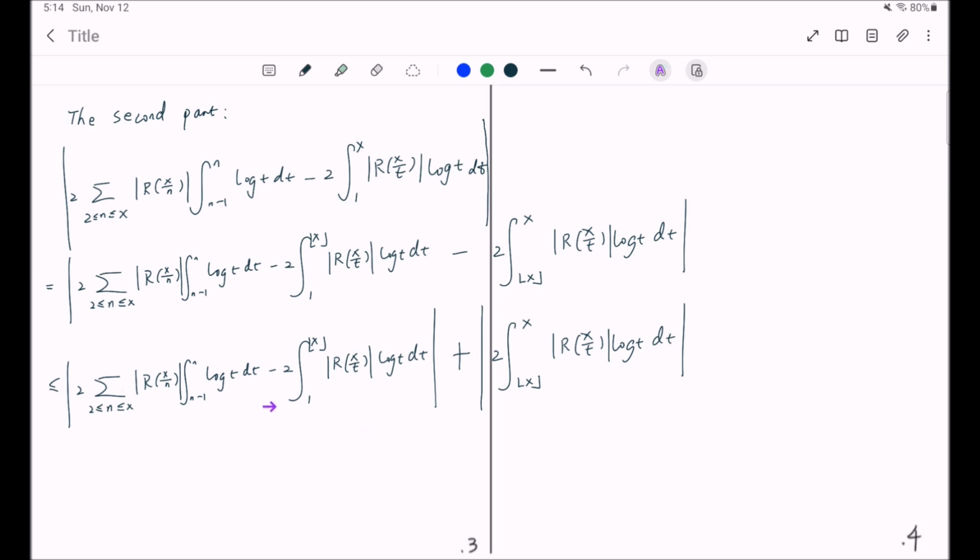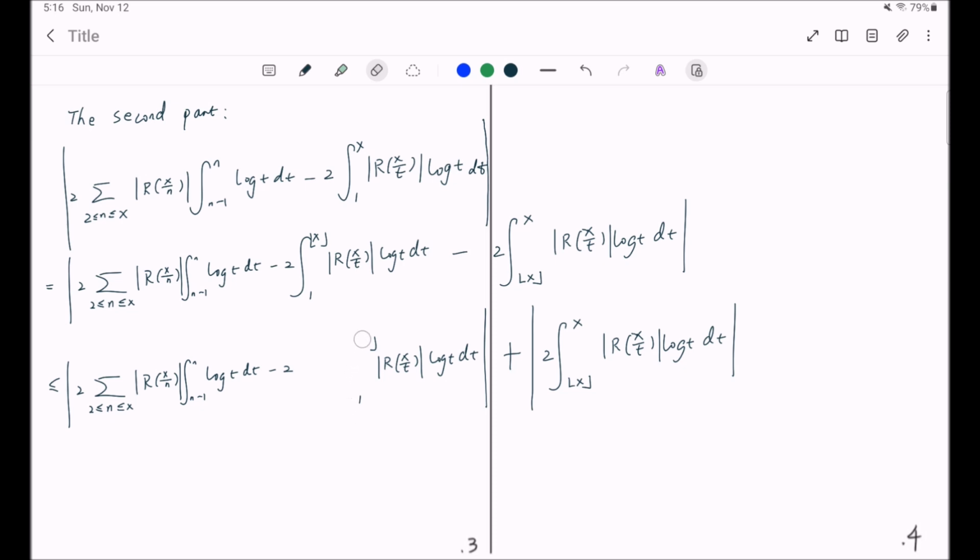And for the first part, look at this integral. We're going to break this integral into a sum so that it aligns with this sum here. And next, we're going to merge these two sums of integrals and apply the absolute value inequality for integrals.